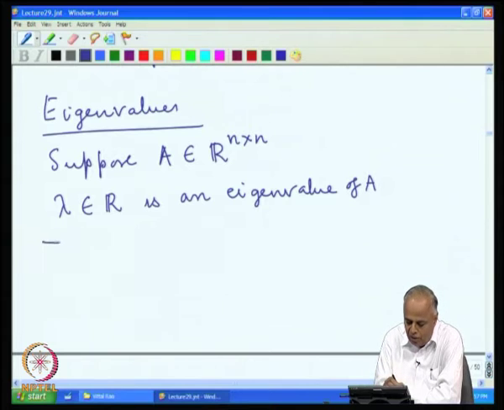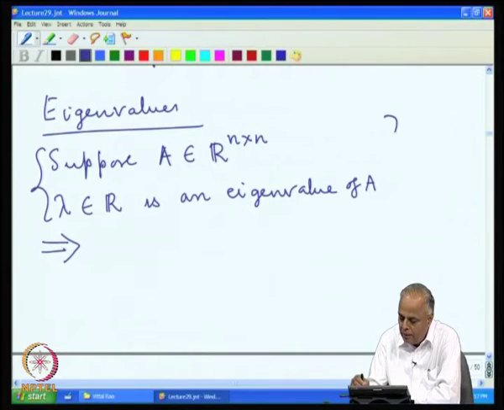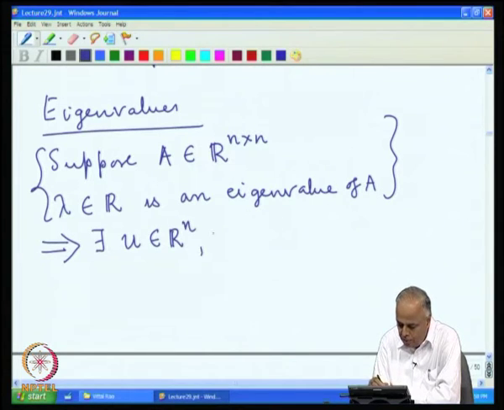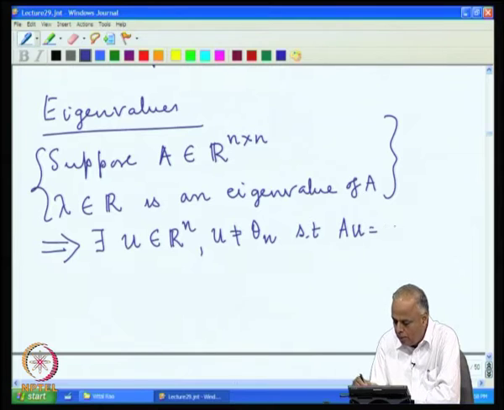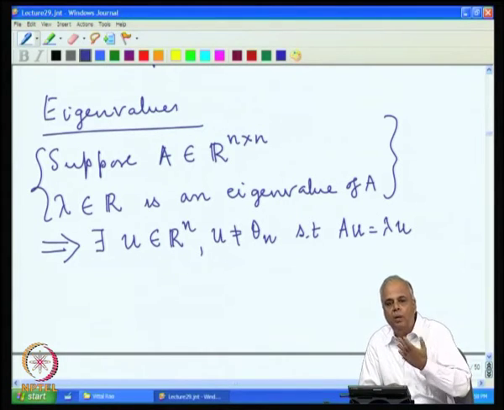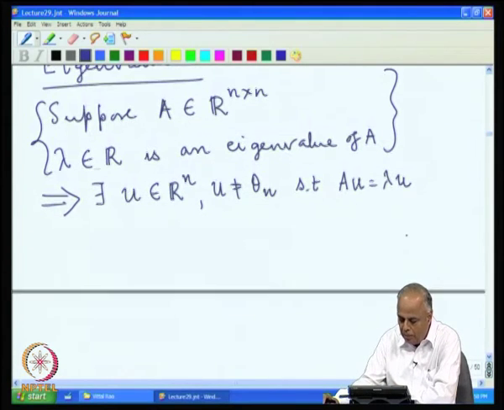So, this implies there exists a vector u which is not the 0 vector such that A u equals lambda u. This is the requirement of an eigenvalue. An eigenvalue should always have an eigenvector u such that A u equals lambda u.